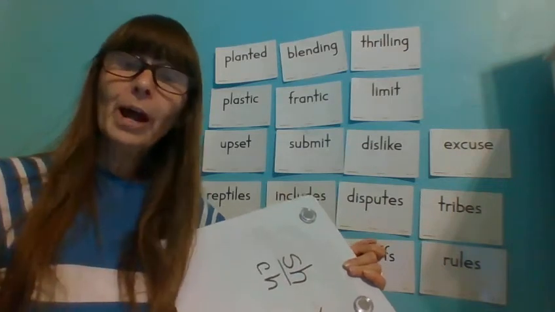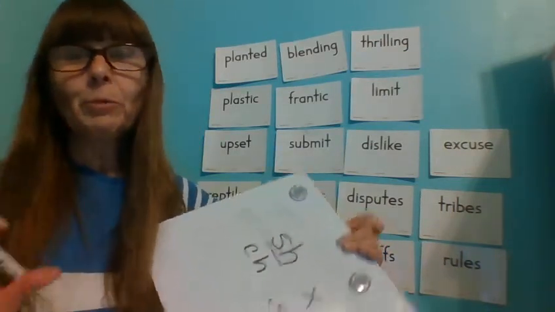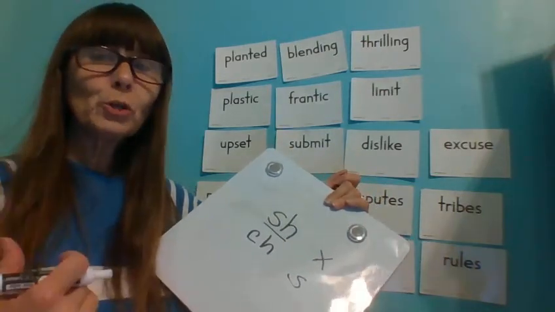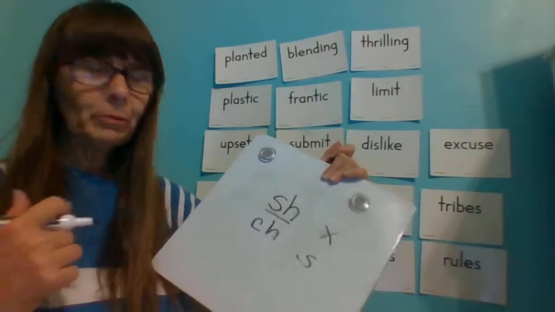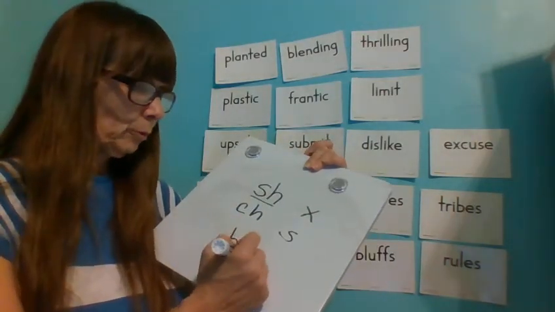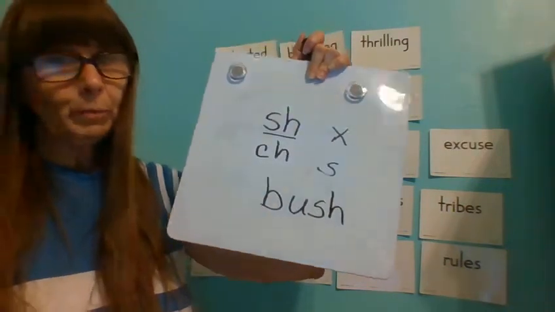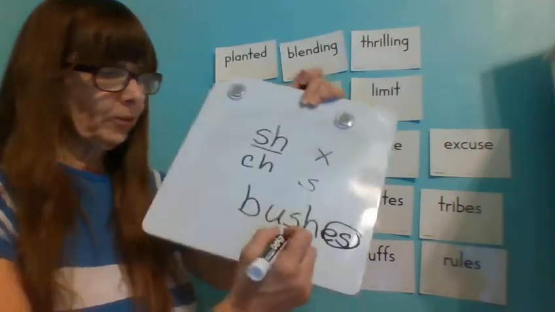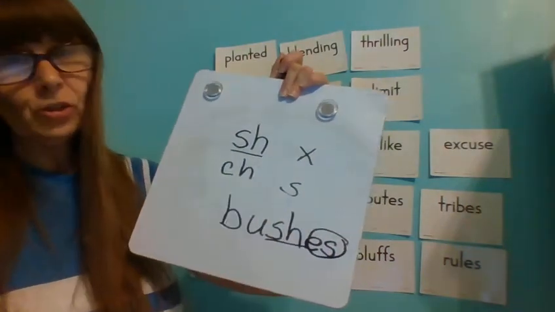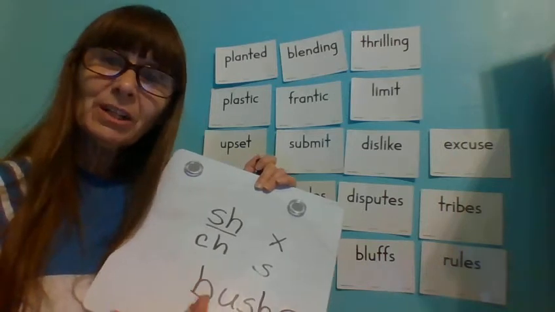All right, so we haven't come up with one for sh. Well, outside your house, if you go out and take a look around, somebody around you in your neighborhood has bushes, bushes, right? So if we write the word bush, which is like the word push but with a B at the beginning, we have to add suffix es, digraph sh. And quite honestly, it's not really a closed syllable word.